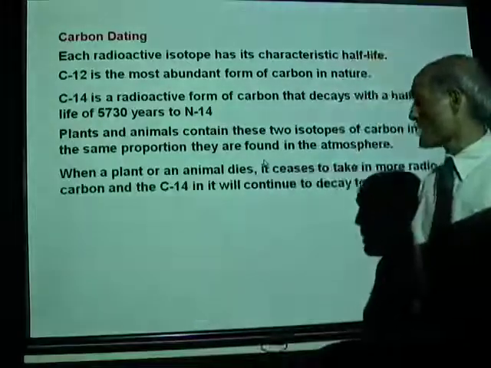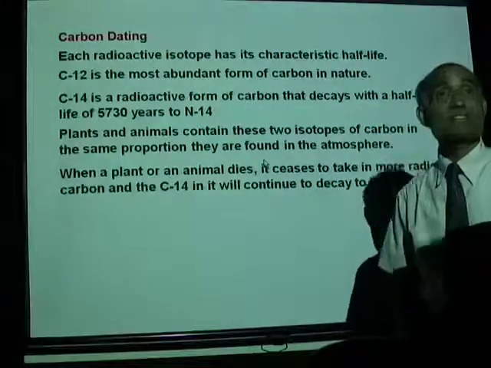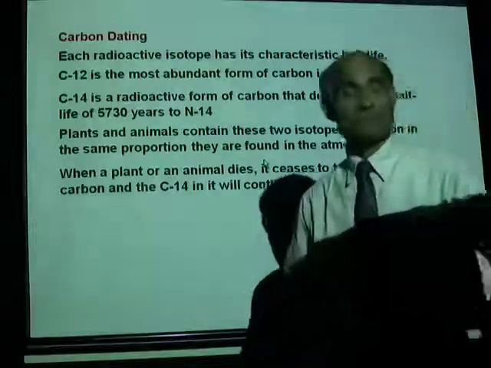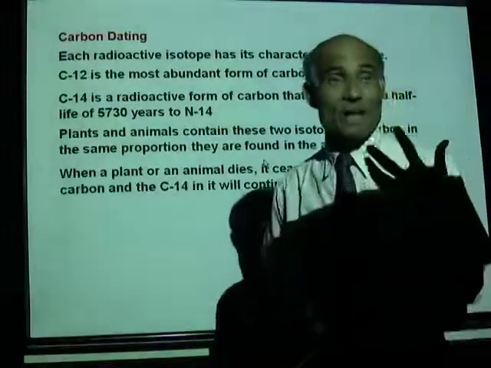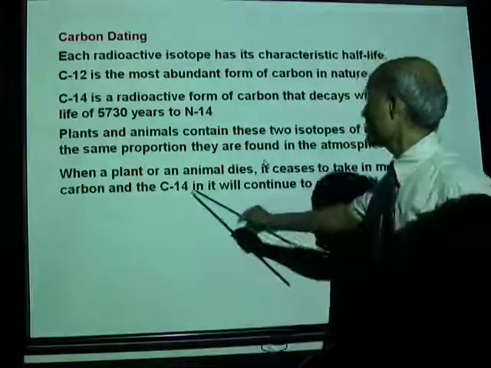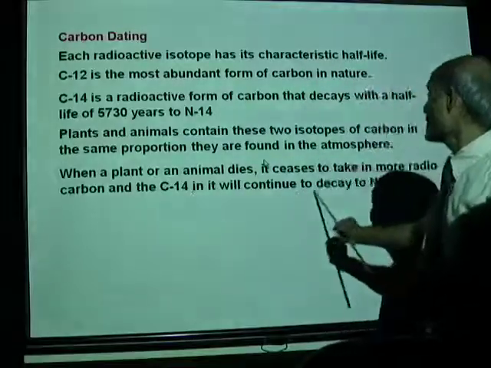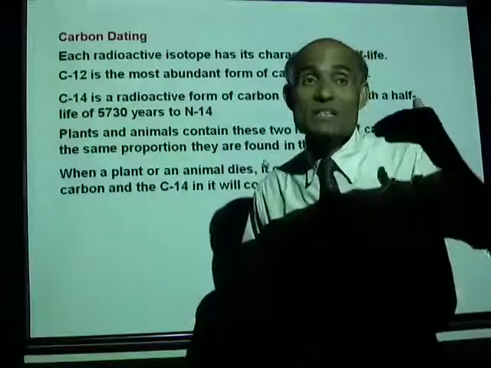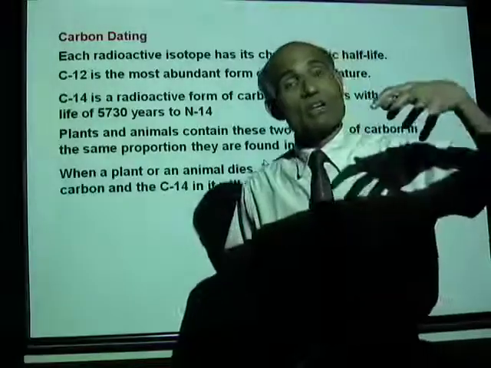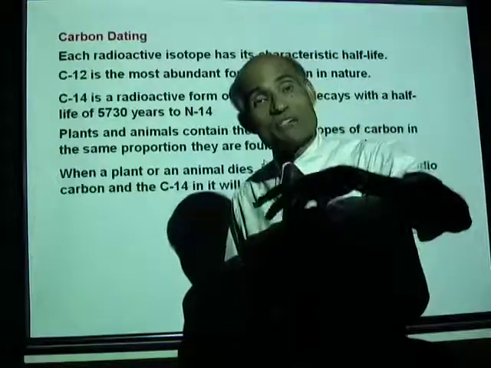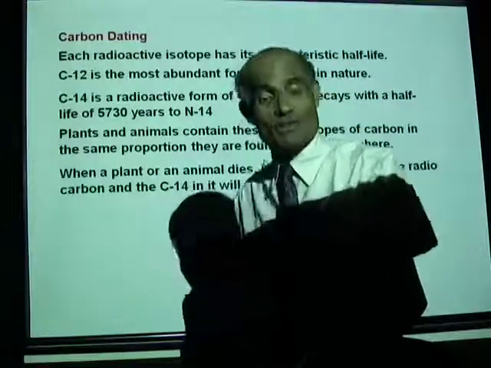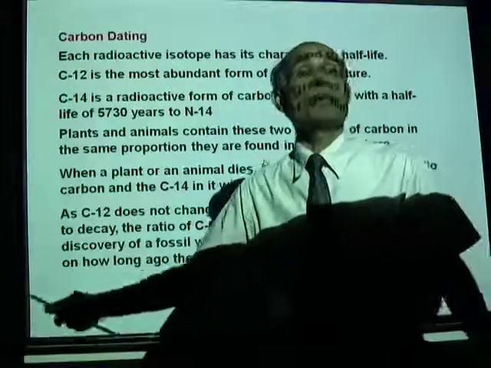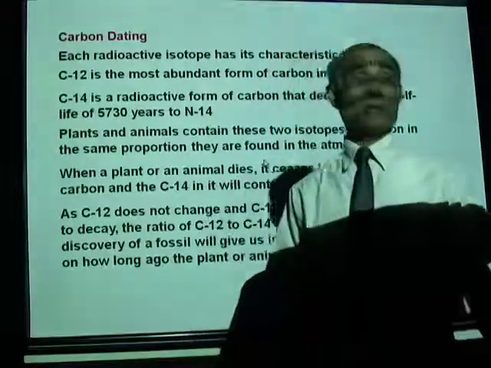When a plant or an animal dies, it ceases to take in more radiocarbon. And therefore, the amount of carbon 14 in it will continue to decay to nitrogen 14. And since we know the half-life, we can find out how long the decay has been going on. That means we can find how long the animal or the plant has been dead.